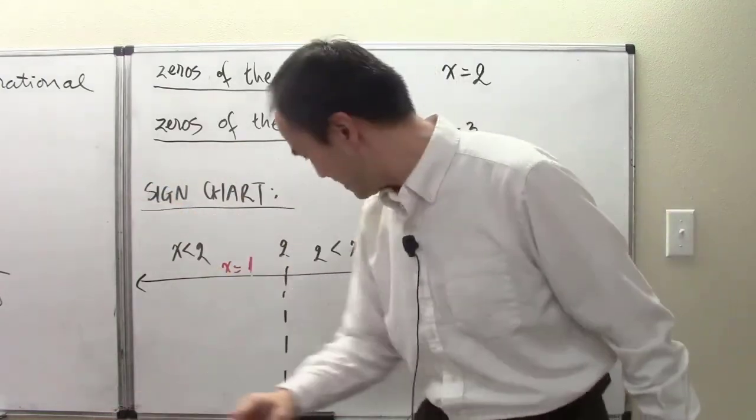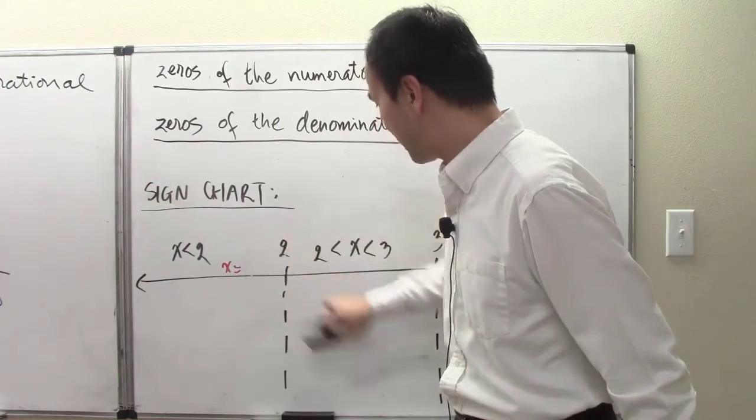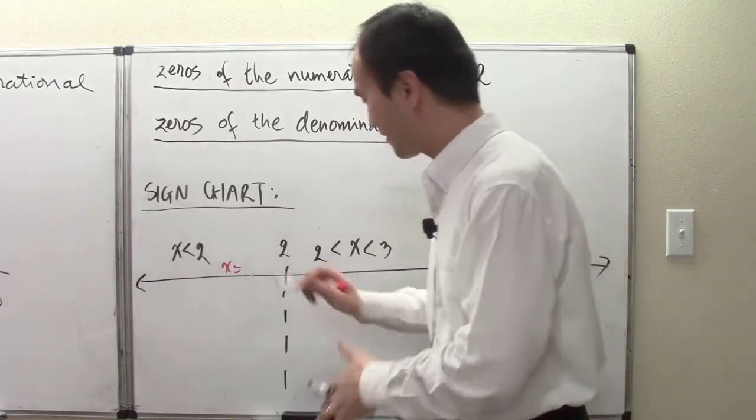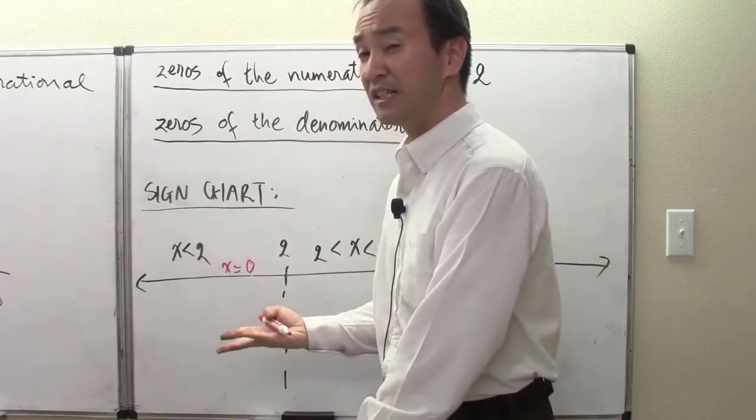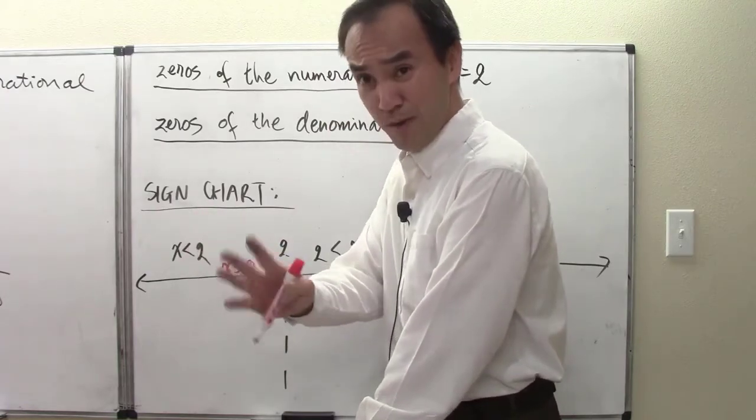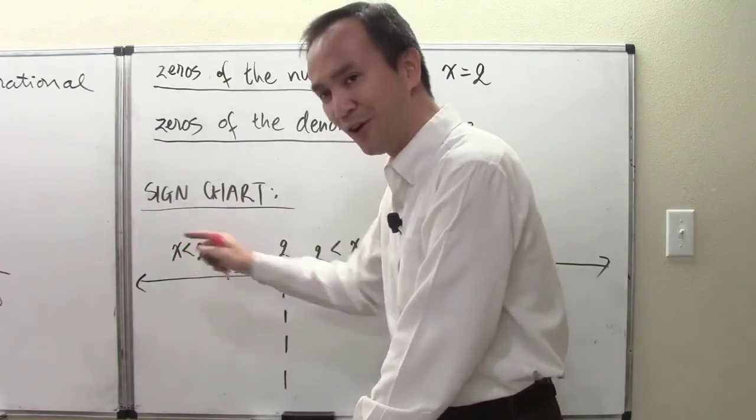So now I'm going to go with, how about x equals 0? You can still pick another value that's safe in the domain and in this interval as well.